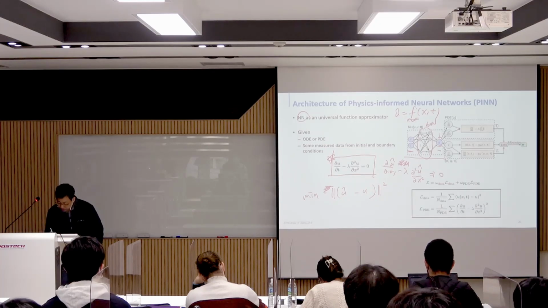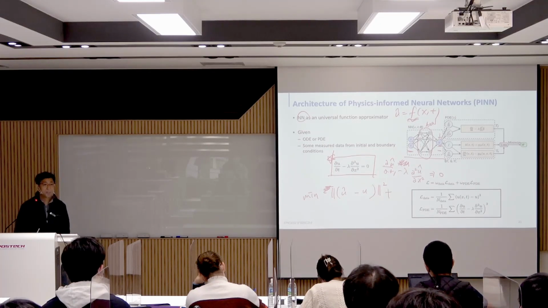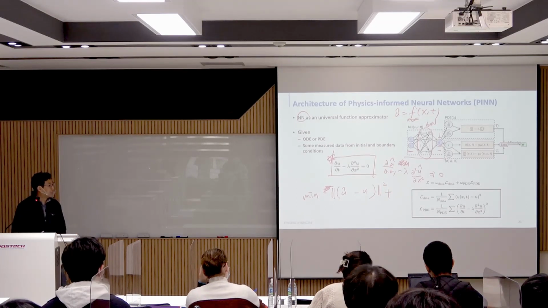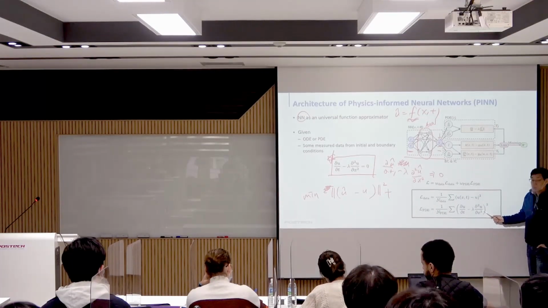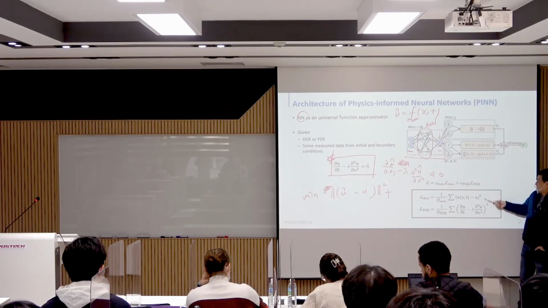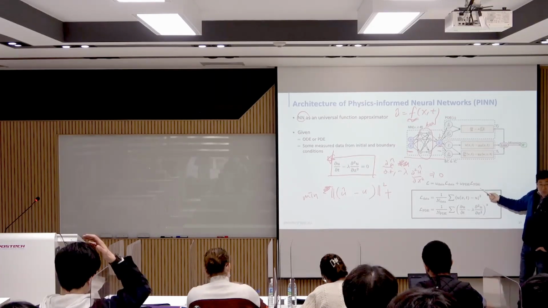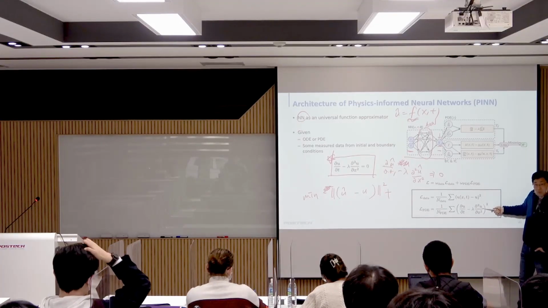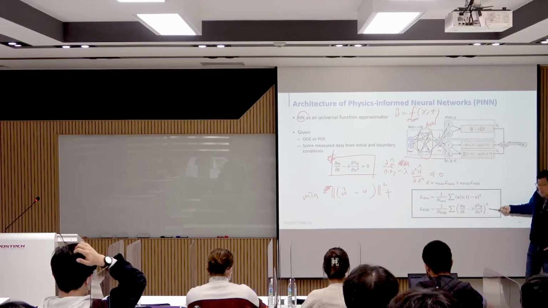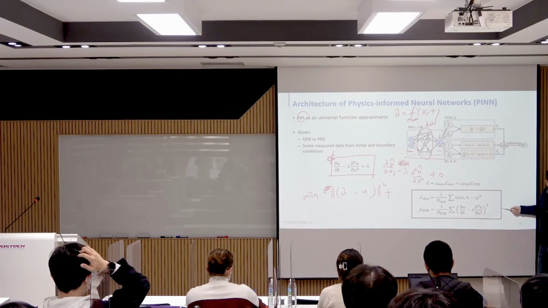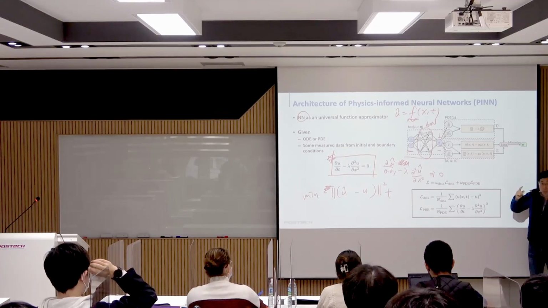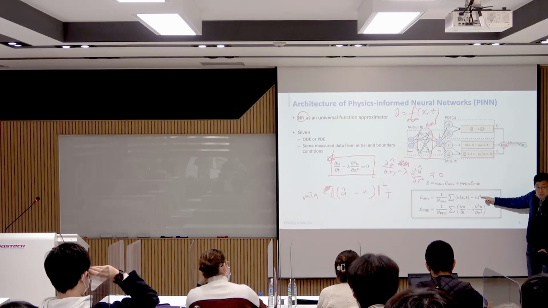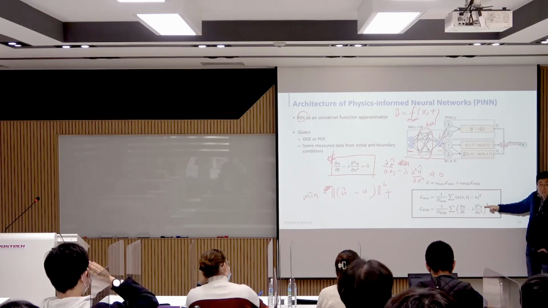Now what we can do is add another term into our loss function. We add an extra term because we want to minimize this one too. We take the squares and minimize, which means we want to make this almost close to 0. So we want to minimize this and this at the same time.